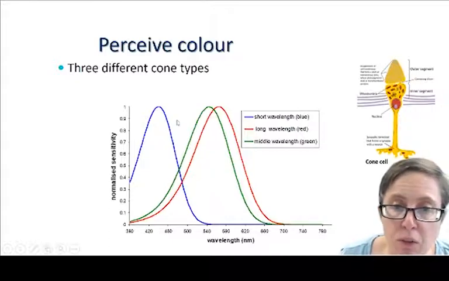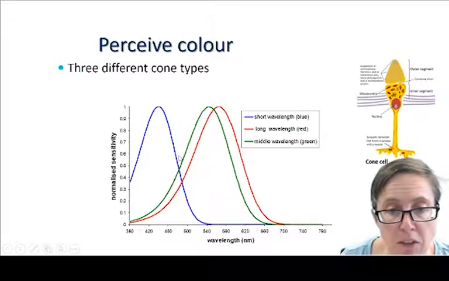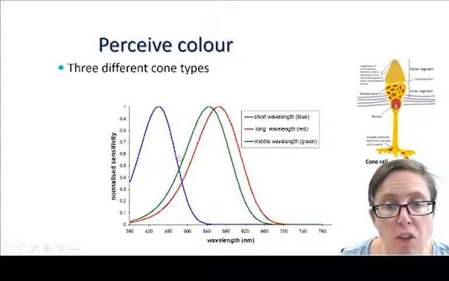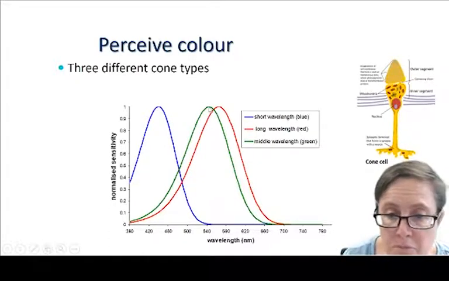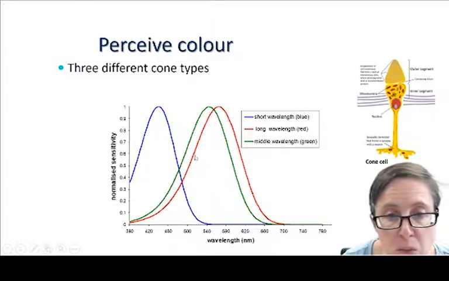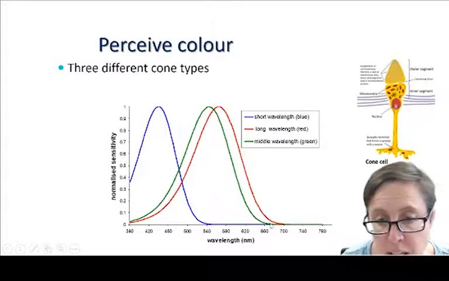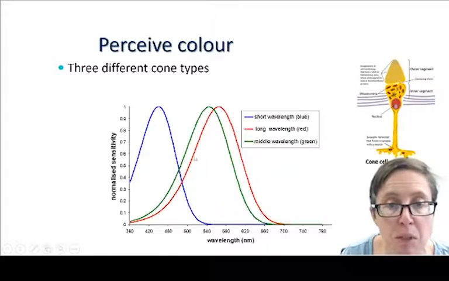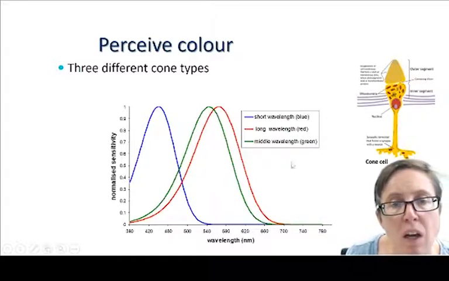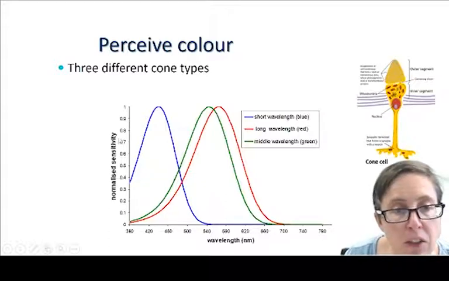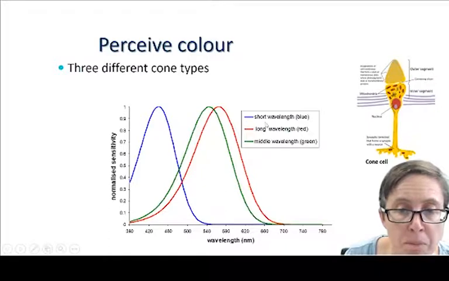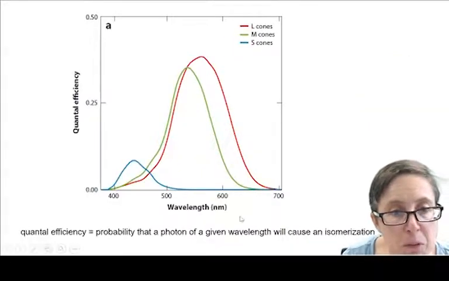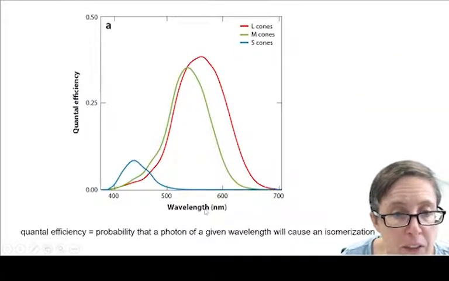I want to point out that these cone sensitivities are very broad, so it's not the case that the M cone is only absorbing light at 550 nanometers. You can see it's absorbing light all the way from 380 to about 660 nanometers. We're just talking about its peak sensitivity. Now in this graph, the sensitivity has been normalised, meaning that they all peak at 1. But actually it may be more helpful to bear in mind this slightly different way of plotting that data.